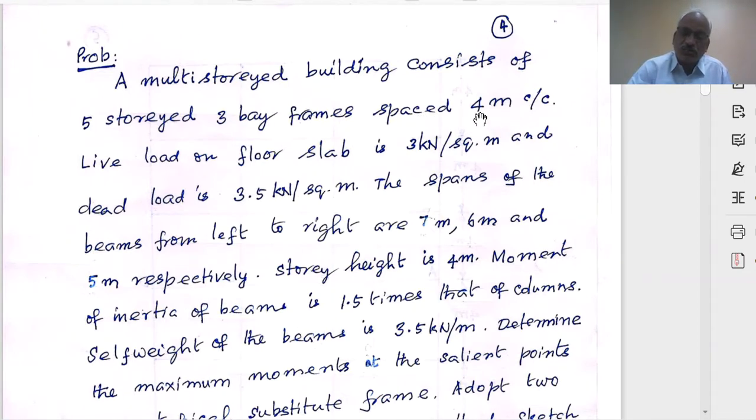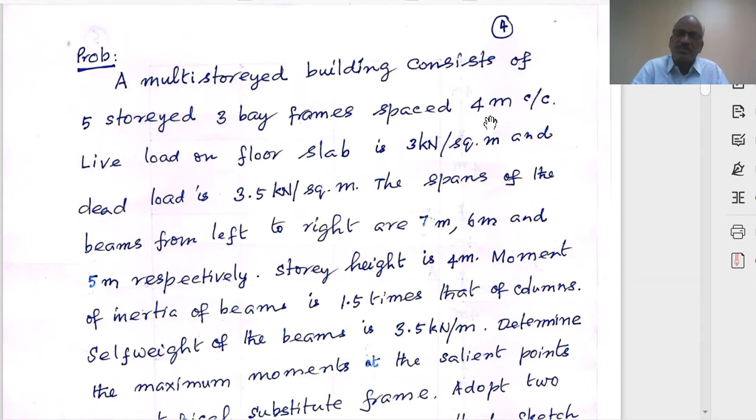And these frames are spaced at 4 meters center to center. That is 5-storied we know, and 3-bay means there will be 4 columns. So this is one frame, a 5-storied and 3-bay frame. What we are going to see is the cross section of one frame, and the frames will be at a spacing of 4 meters center to center, because this particular point will be necessary for understanding the load calculation.